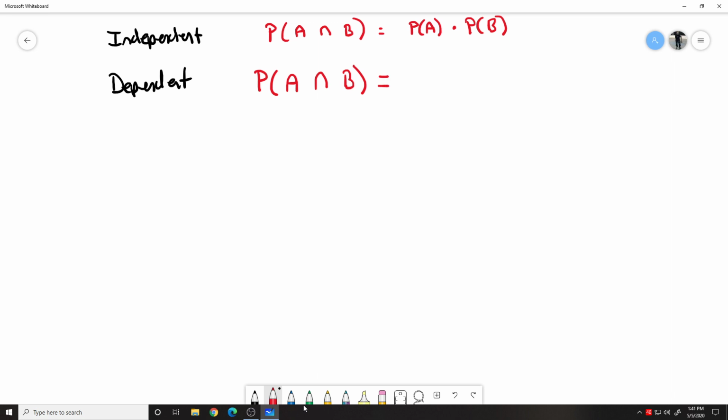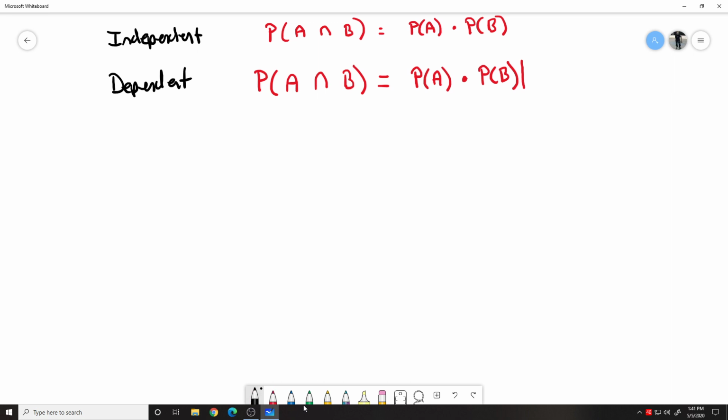So if you have dependent events, when you go to figure this out, you're actually going to do this. You're going to do the probability of A, the probability of the first event, and you're still going to multiply. But here's where it's different. This is where you write the probability of B happening, but then we put this straight up and down line right here, and this means given.